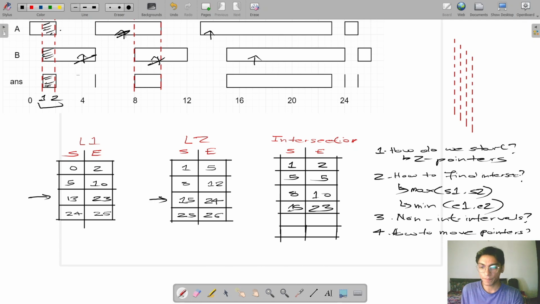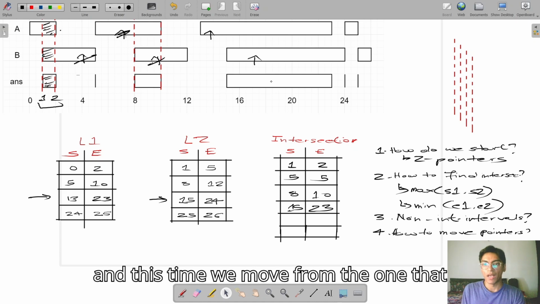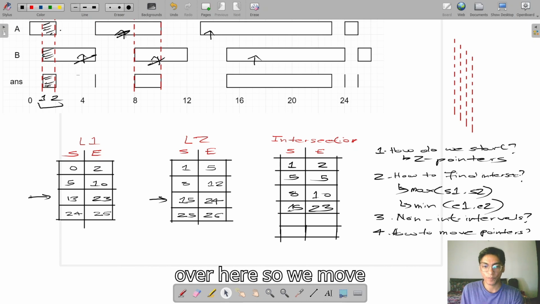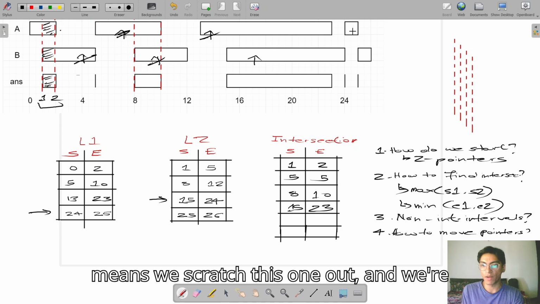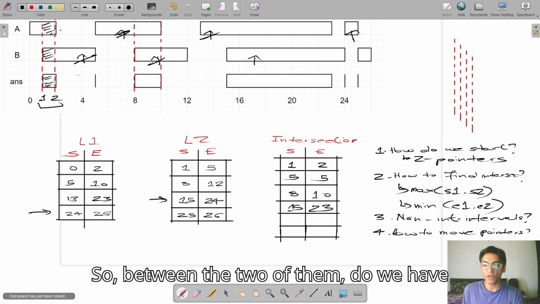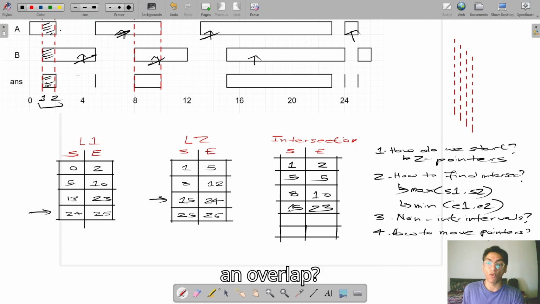We move again, and this time we move from the one that is ending first, that is the one in list A over here. So we move to the next one, which means we scratch this one out and we are now pointing to this one over here. So between the two of them, do we have an overlap?